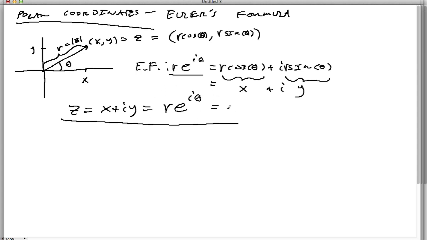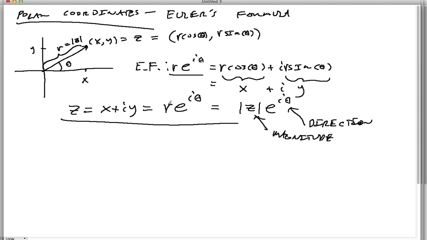And so another way we can write this is replace r with the modulus of z, e to the i theta. Of course, that gives us the direction, and that gives us the magnitude. So we can represent it as r or the modulus of z, however you want to express it.